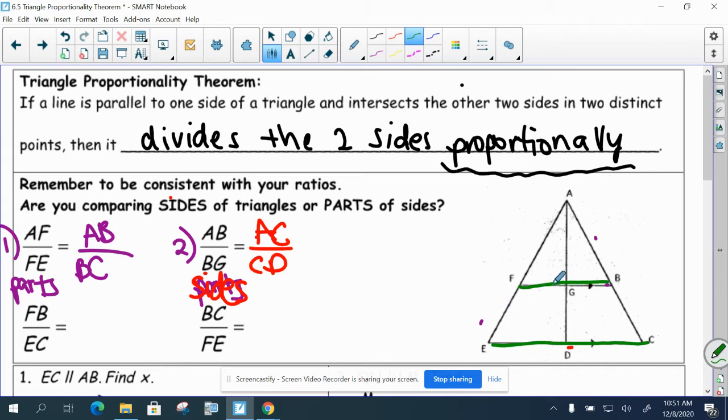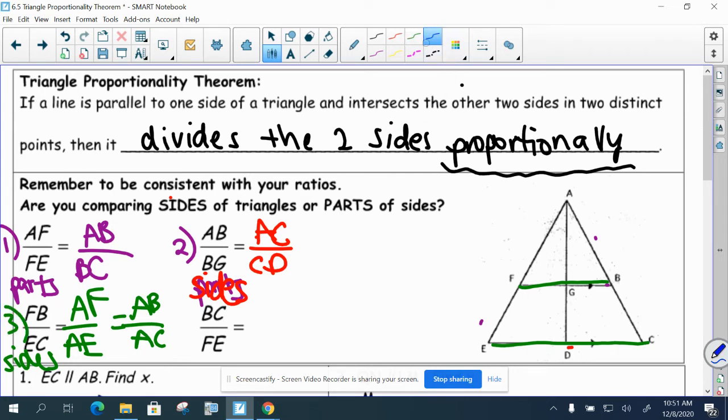Well, there are a couple different options. We can say AF over AE, or you could do the opposite side, AB over AC. So here you are doing a ratio of the sides.